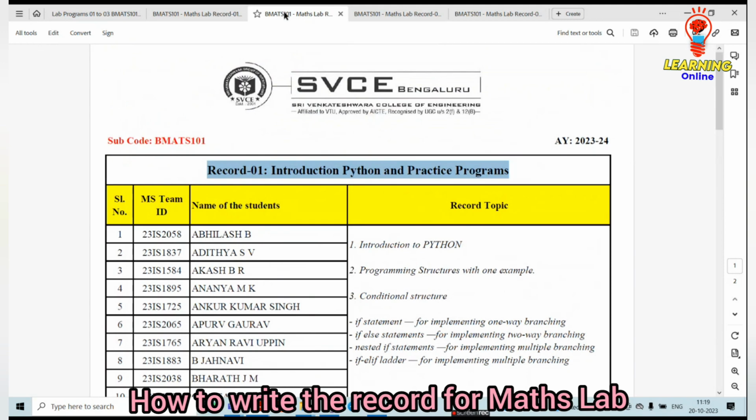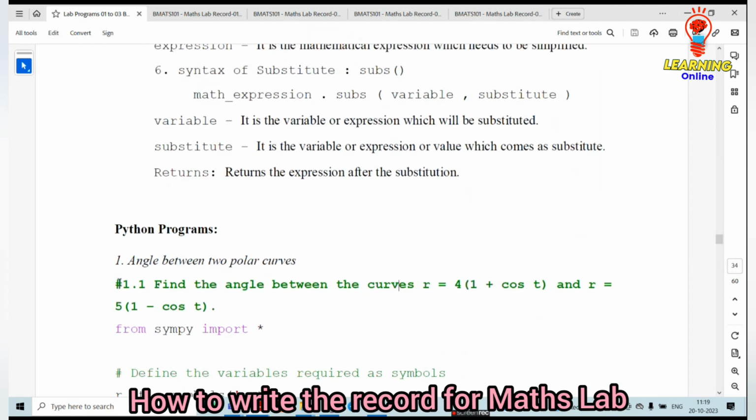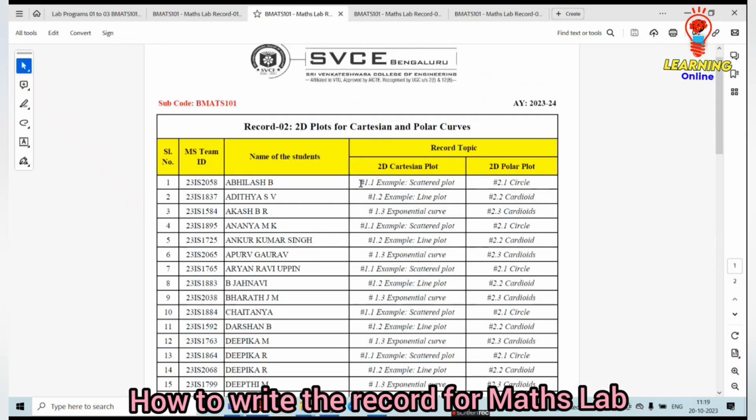Then record 2. In that record 2, we are mentioning 1.1, 1.2, 1.3. So that corresponds to the 1.1 example that you have to write for this particular person.